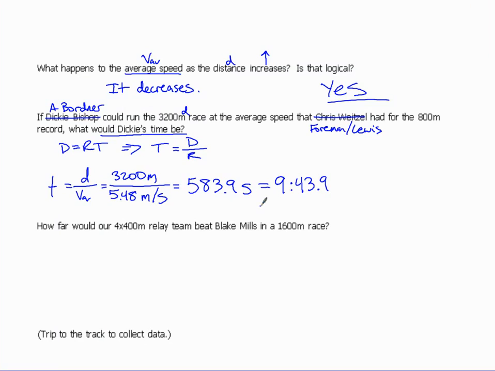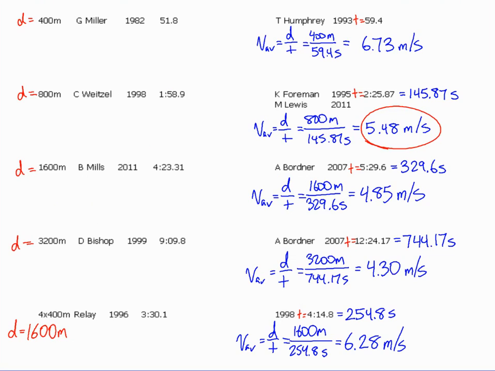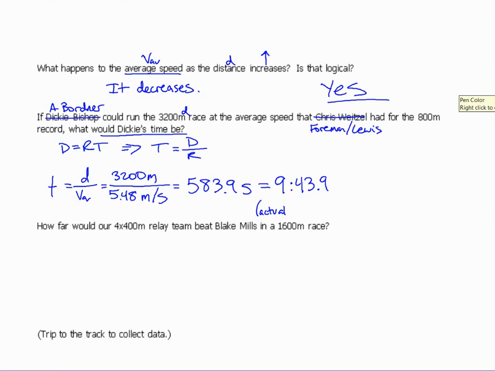Let's look at the actual just for comparison. The actual 3,200 meter time found here: 12 minutes, 24.17 seconds.